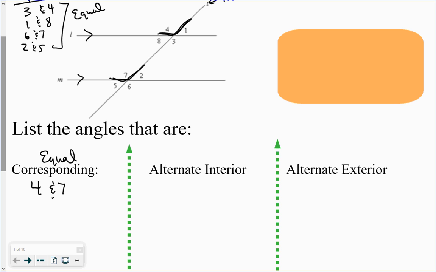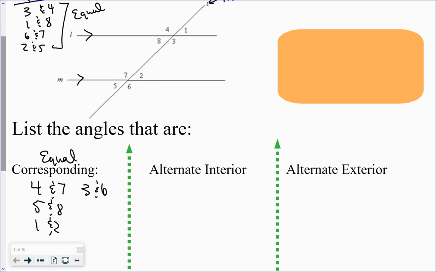Another set would be 8 and 5. Another set would be 1 and 2. And the last pair of correspondings would be 3 and 6. Okay, and again, if you know the measure of angle 3, then you automatically know the measure of angle 6 because they are equal to each other and they are corresponding angles.